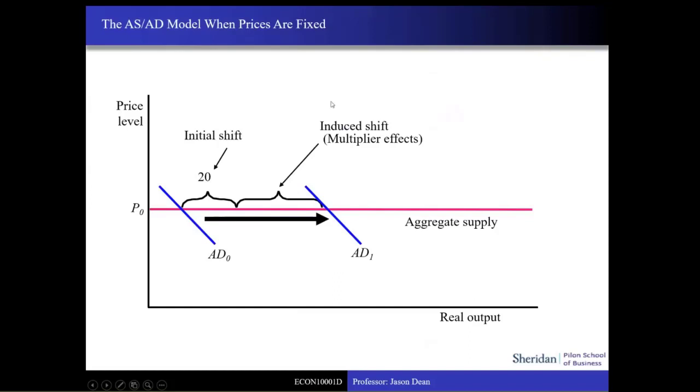And so the new equilibrium will actually be at a point less than this. But if we're holding prices constant, the full shift in the aggregate demand curve is the initial shift plus the induced shift from the multiplier effect. So anyways, if we look at any shift in aggregate demand, the horizontal difference here will include the initial increase in the injection plus the added multiplier effect.